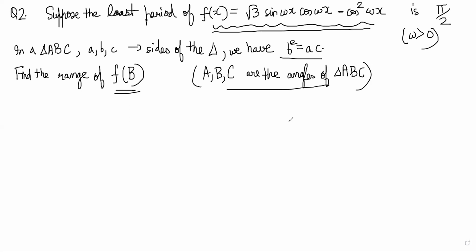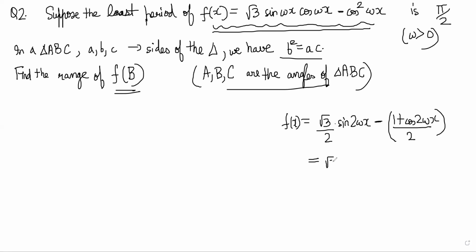This simplification is pretty straightforward. We can write this as root 3 by 2 times 2 sin wx cos wx, which becomes sin of 2wx. And we can write cos square wx as (1 plus cos 2wx) by 2. This can be simplified now as root 3 by 2 sin 2wx minus cos 2wx by 2 minus half.